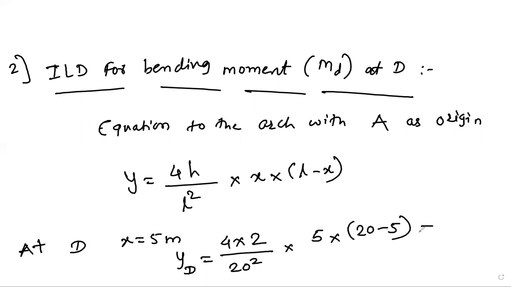So what will be the value of YD? 1.5 meter. Okay, YD is equal to 1.5 meter. Now we have to write down the equation.